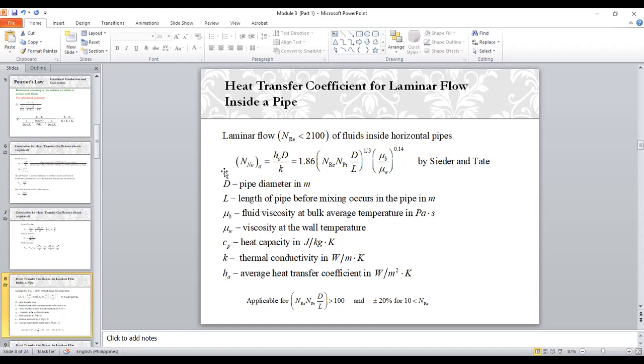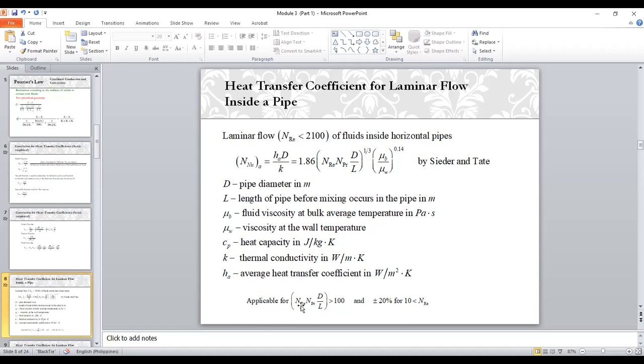So all the parameters that you see, the variables that you see in the formula are defined in here. So this is your Nusselt number, which is giving you already the convective heat transfer coefficient H here, which you will be needing in the formula. Now, where or when do you use this particular formula? This is applicable for, take note, N_Re, N_Pr, D over L products.